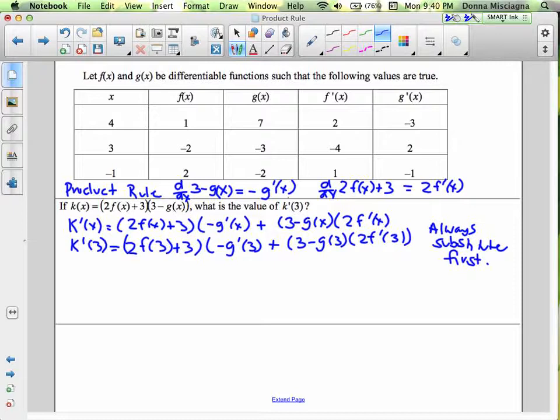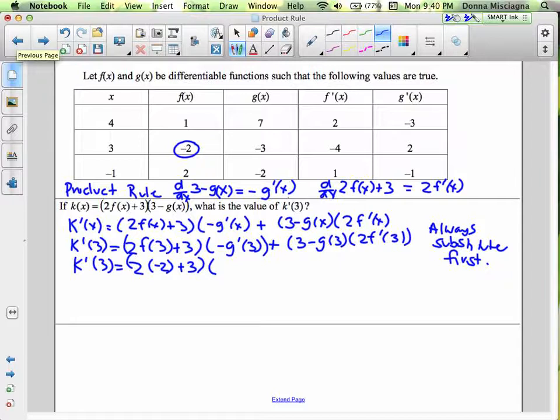All right. k prime of 3 is equal to 2 times f of 3, which is right here, negative 2, plus 3. I need parentheses around that because we're going to multiply that whole thing, not leaving parentheses off, and we're not dropping coefficients.